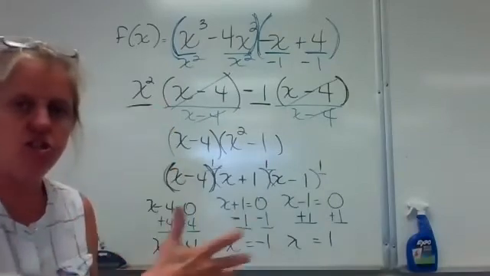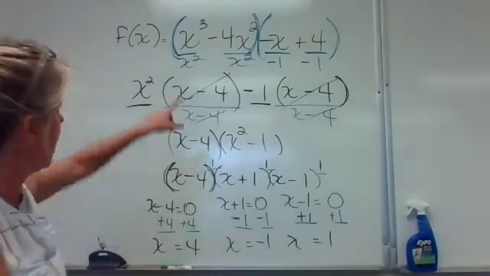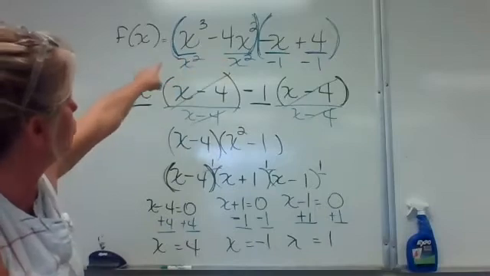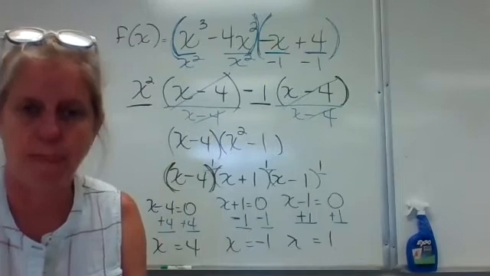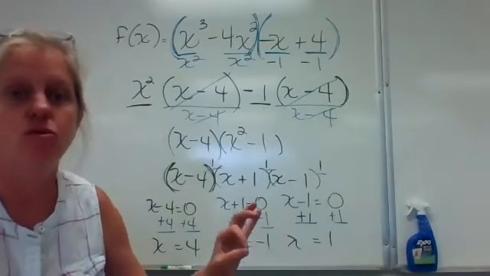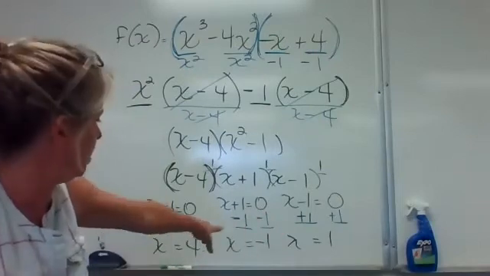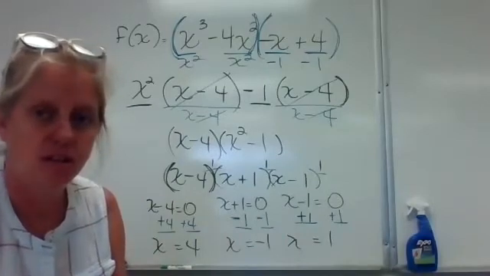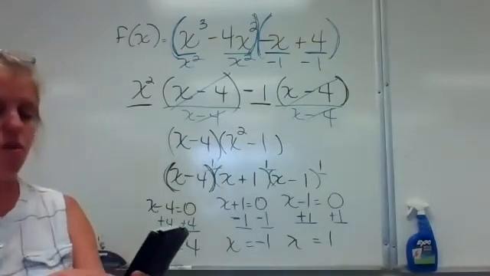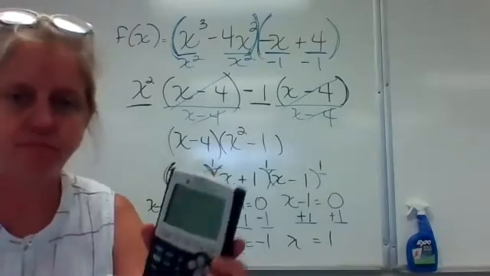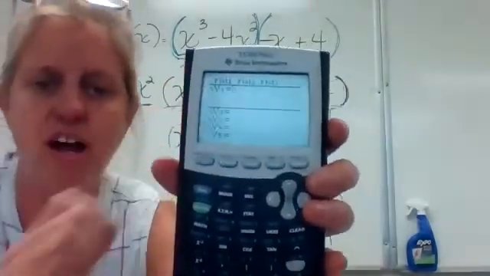Okay, so just to draw this all together, I'm going to put my original function in my y equals and show you what you just found by finding those 3 zeros. What are zeros? They're x-intercepts. So I'm going to go to y equals and clear it out and put my original function in here.